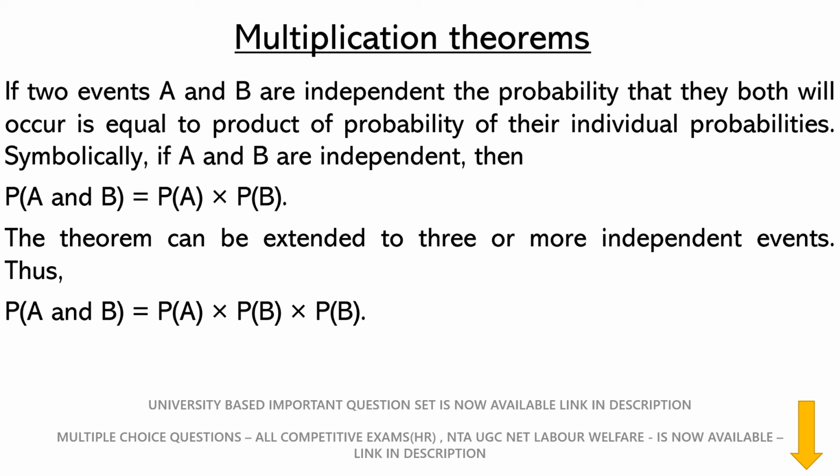So the multiplication theorem means that when events A and B are independent, P of A and B is the product of their individual probabilities, that is P of A into P of B. I hope it is clear.